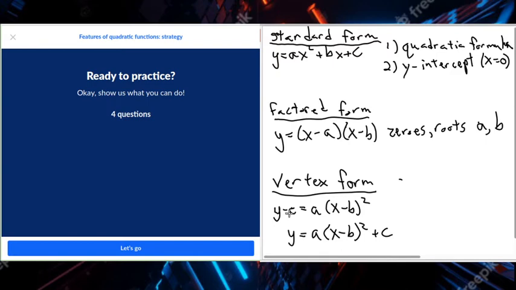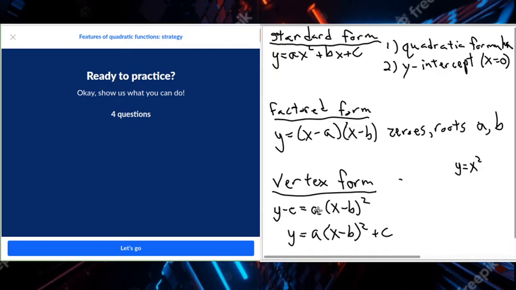I like this form because this is how we do transformations. We can see the transformation of our standard y equals x squared parabola. We replace y with y minus c, so it moves up, and we replace x with x minus b, so the vertex moves to b.